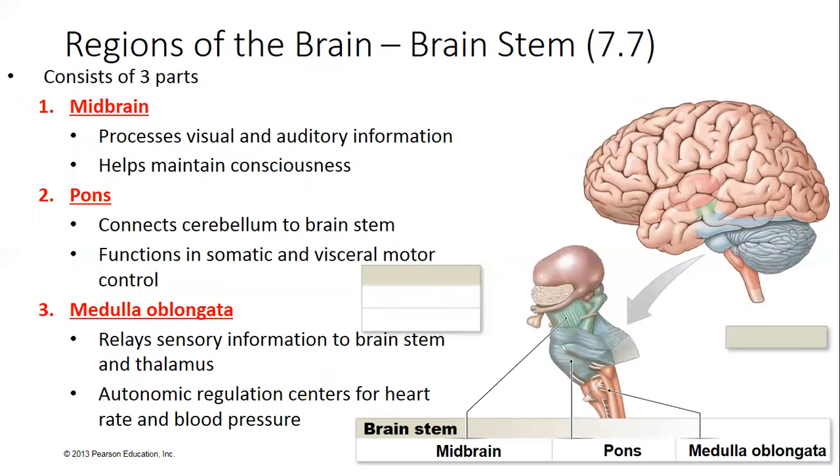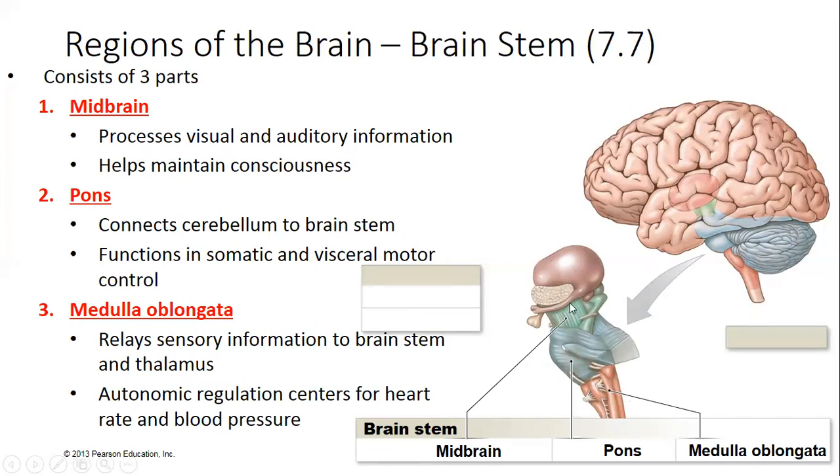The major structures here are the cerebrum, the cerebellum, the diencephalon, made up of the thalamus and the hypothalamus, and then the brainstem. And the brainstem is colored here in green, blue, and I'm going to call it an orangish pink color.